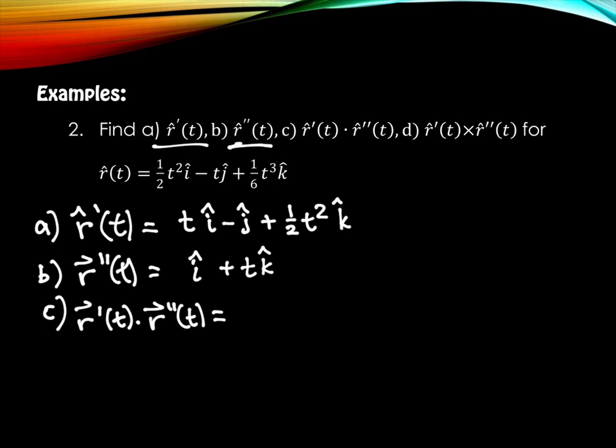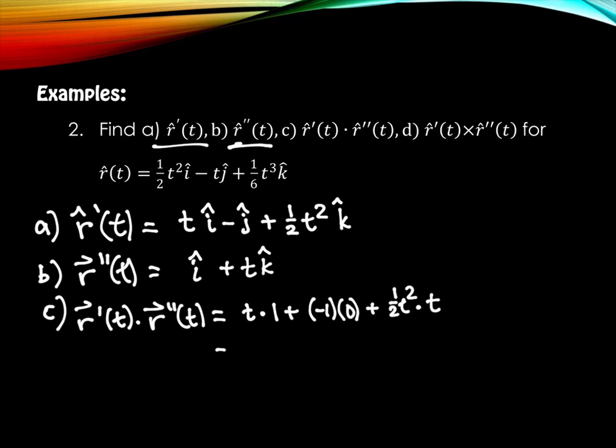So on the first one, I have t times the second one's i component, which is 1, plus the first one's component in front of j, which is a negative 1, times the second's component for j, which is a 0, the one I didn't write down. And then on the third one, I have the 1/2 t squared that will be multiplied by t. Is that all good? Okay.